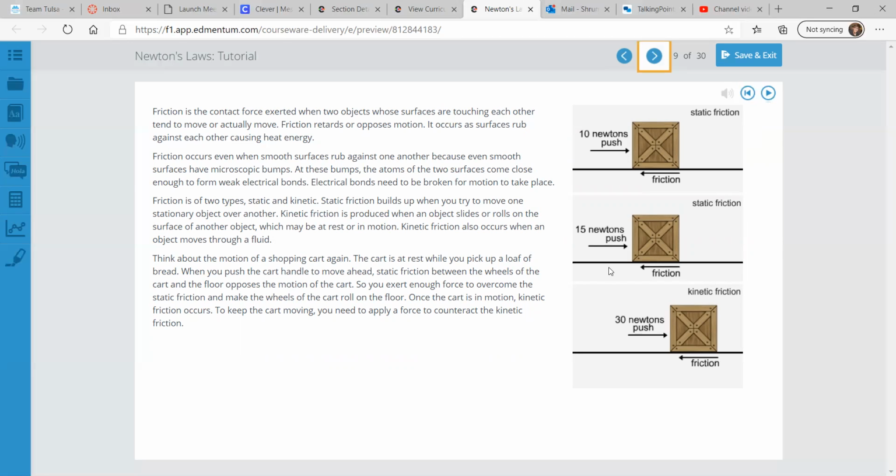Once the cart is in motion, kinetic friction occurs. To keep the cart moving, you need to apply a force to counteract the kinetic friction. Static friction, exhibited here. Kinetic friction, exhibited here.